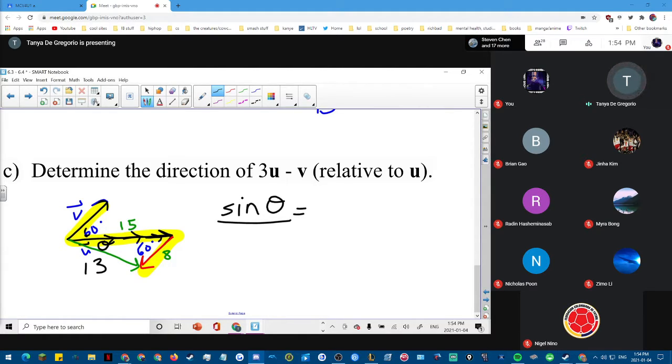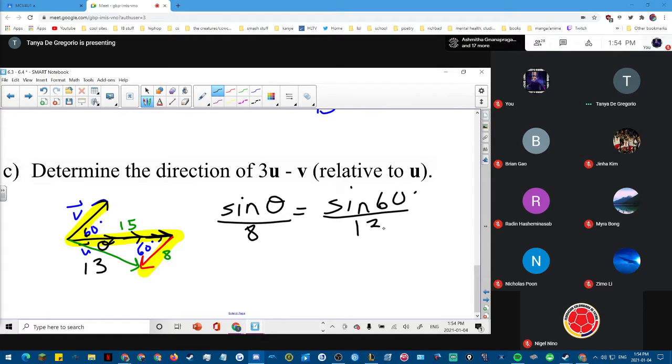So the sine of theta over 8 is equal to the sine of 60 over 13.